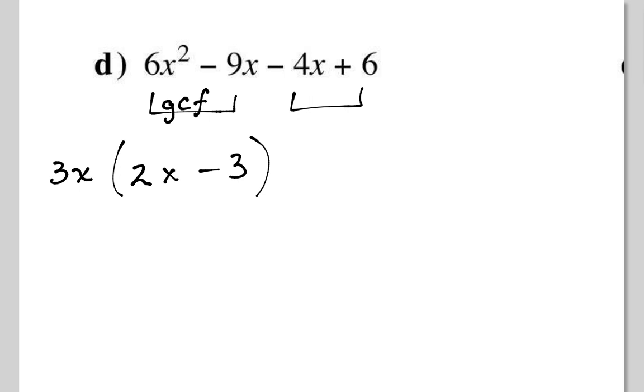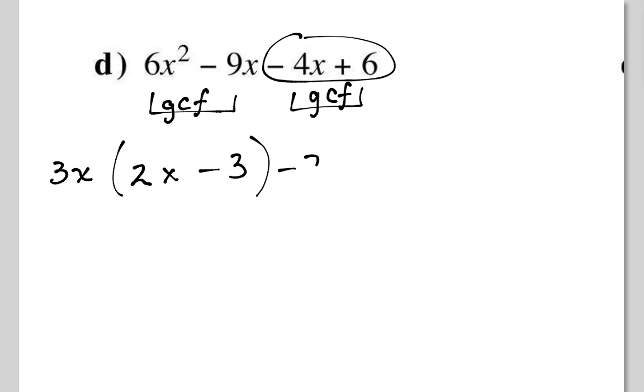Now what comes out of the next pair? Wow. How did you know that? Yeah, you can see that you could probably take out a 2, right? But why in this case do you want to take out a negative 2? Yeah, because for this pair, the lead coefficient is negative, and you don't want that.